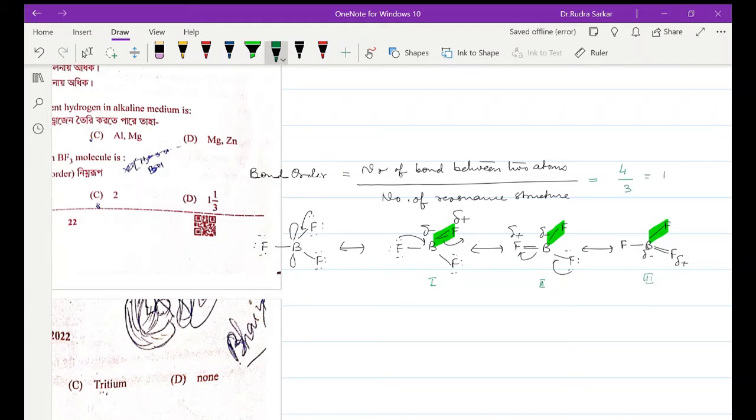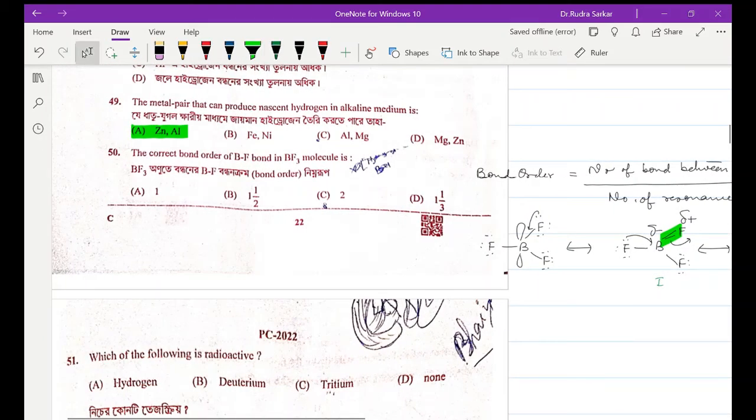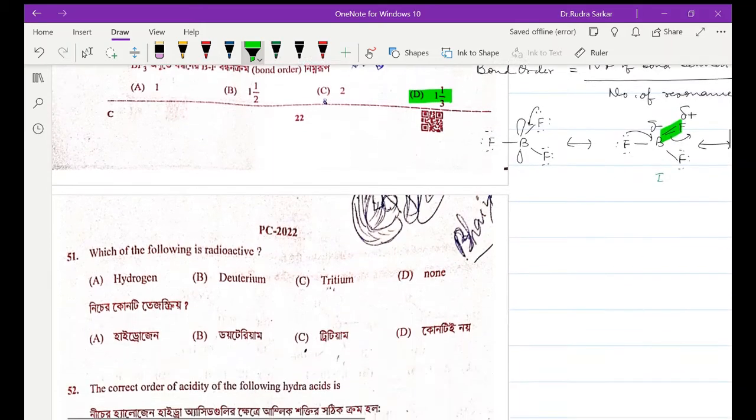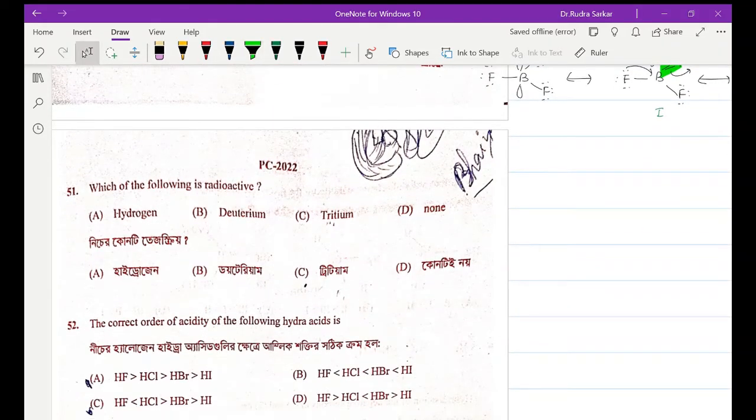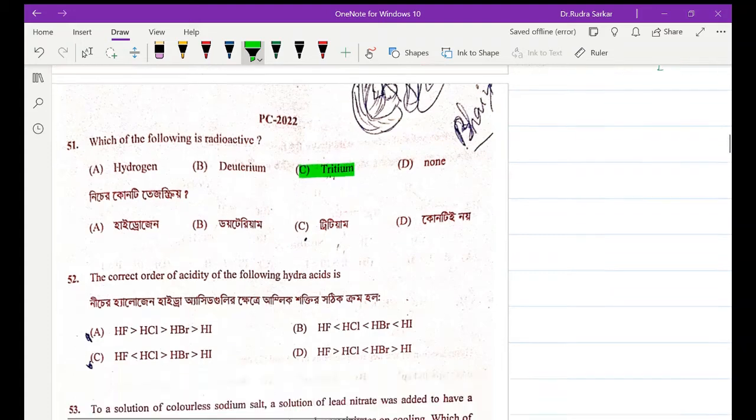So obviously it comes out to be 1 by 3. And so the answer over here is going to be that one. Which of the following is radioactive? Obviously we will say tritium.